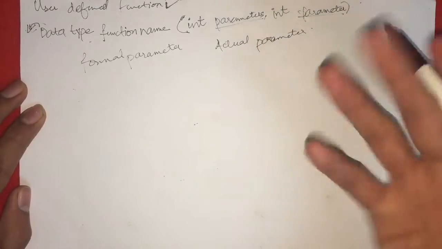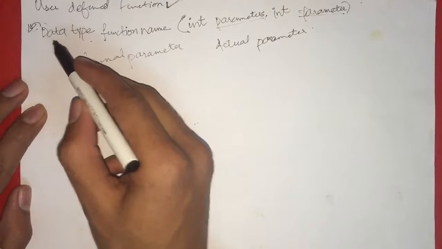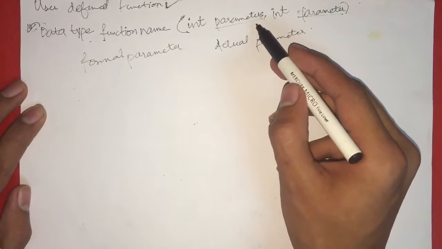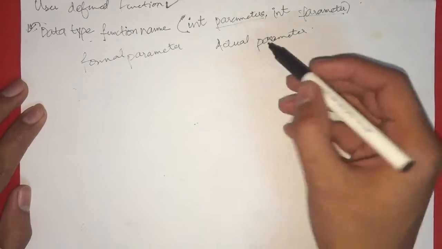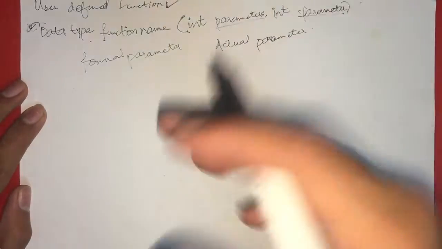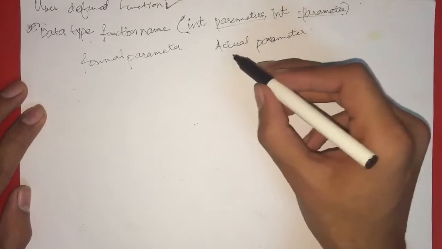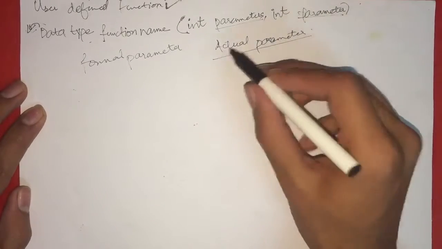When you are making a function, inside the function heading you declare these formal parameters, and when you call the function, the actual parameters take the place of the formal parameters.